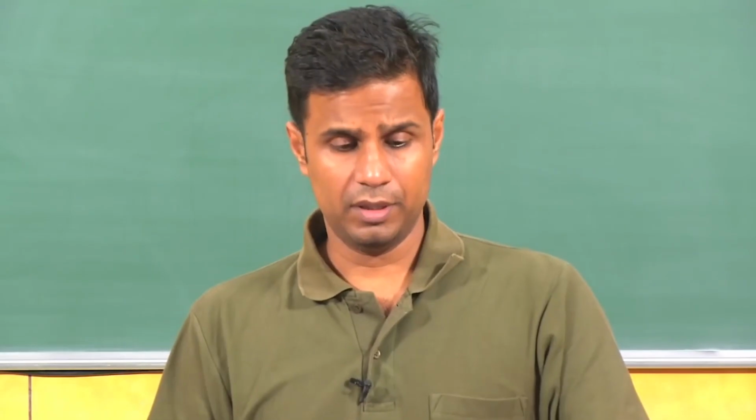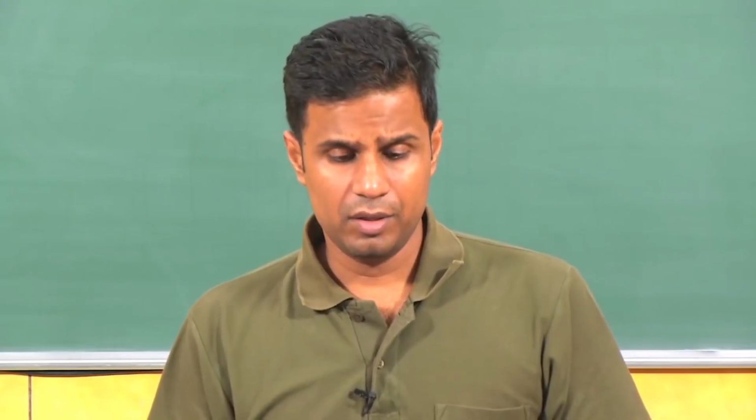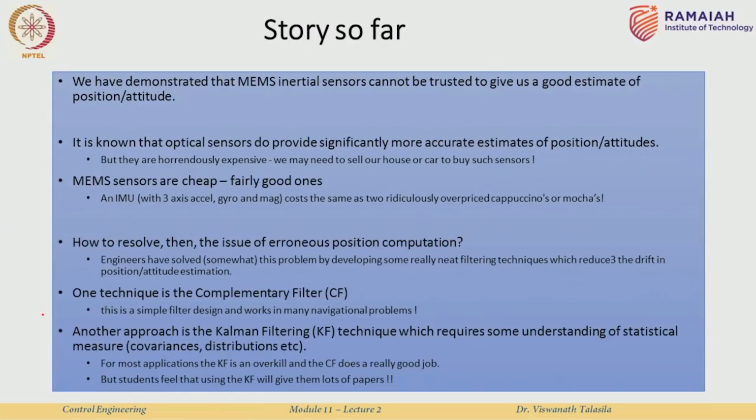Yes, so we are almost towards the end of this lecture, and what we have seen is that MEMS sensors are fairly cheap. For a few hundred rupees you can buy accelerometers and gyroscopes. In fact, I encourage you to go ahead and buy these sensors, because two of these sensors cost the same as two ridiculously overpriced cappuccinos, or I do not know what you guys have in these fancy coffee shops.